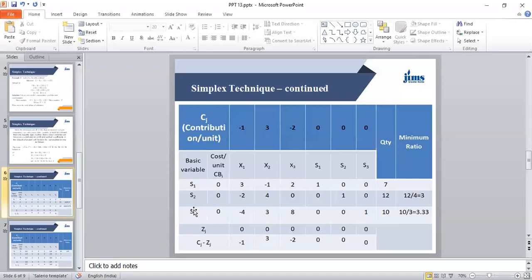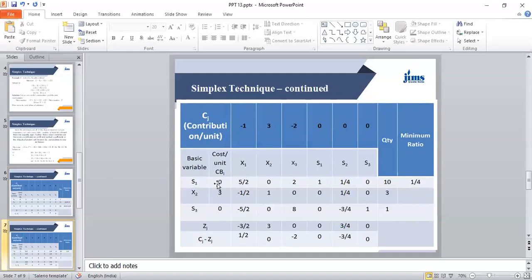Other variables will remain as such, but every value will change. To write the next table, first we write S1, S2 will be replaced by X2, and then S3. See, S1 0, X2 3, S3 0.